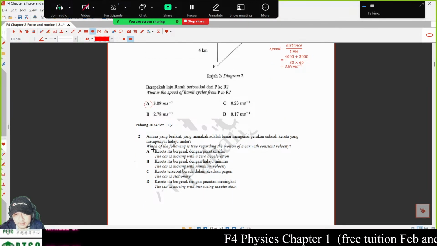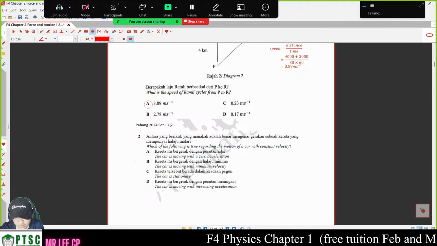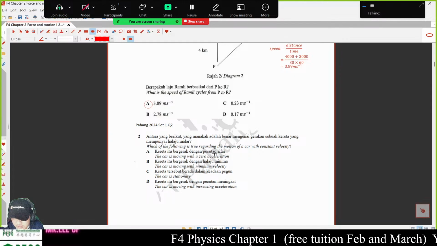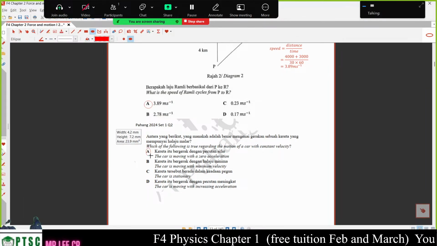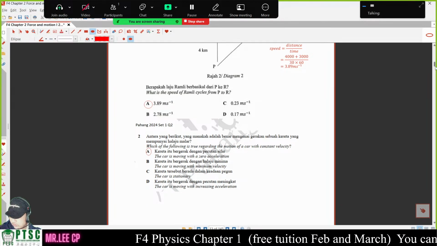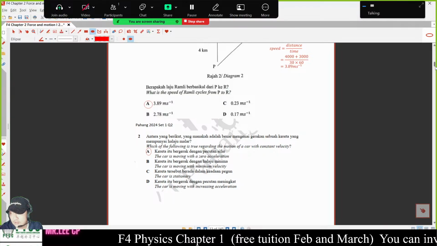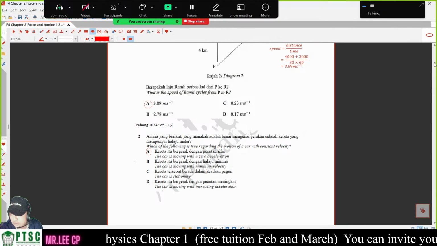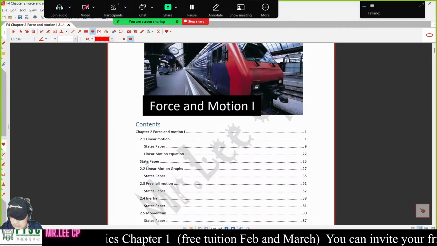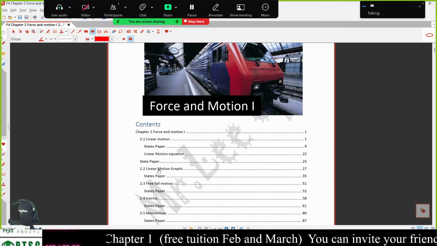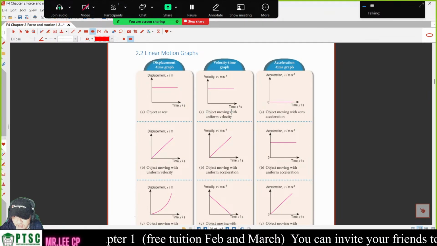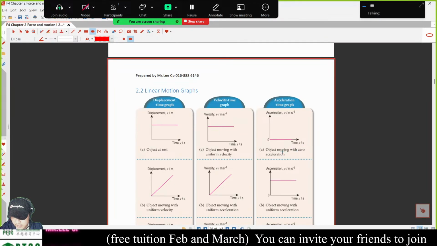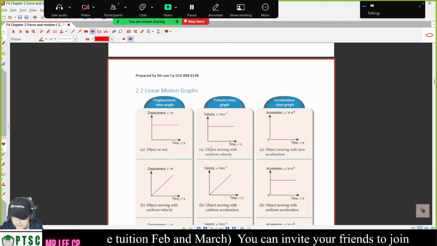Alright. So which of the following is true regarding the motion of the car? Constant velocity, zero acceleration. Alright. I will teach you maybe 2 more lessons after this. I will tell you when I am teaching the linear motion graph part.